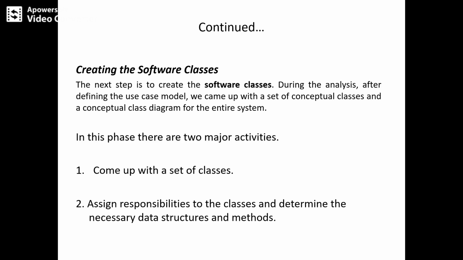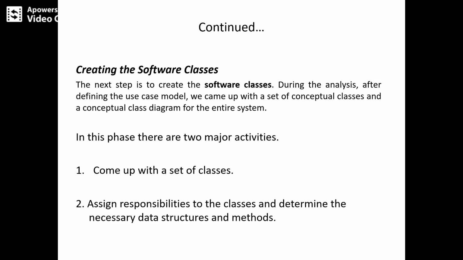During the analysis, after defining the use case model, we come up with a set of conceptual classes, or a logical class diagram, for the entire system. That's why we need to create software classes among the major subsystems.